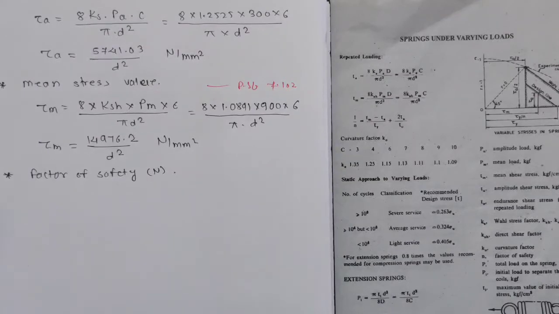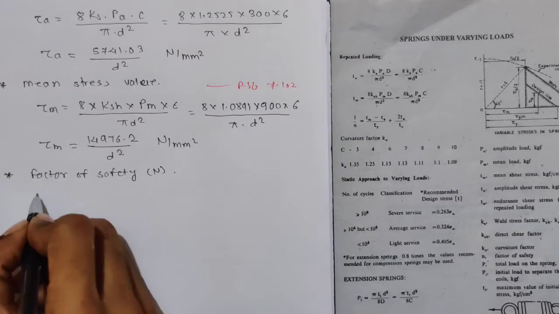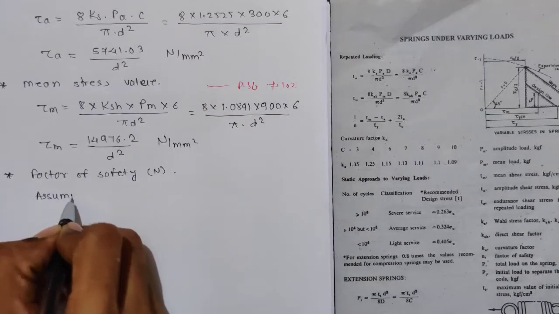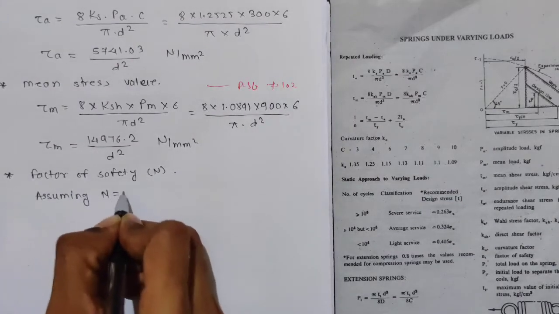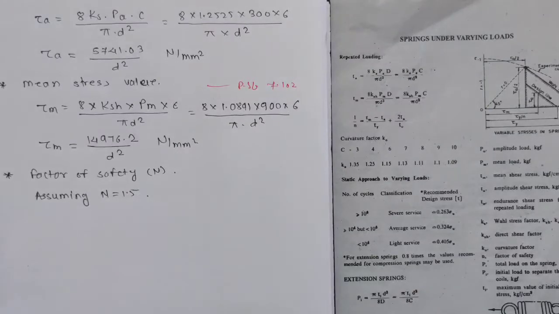So I'm just assuming n is equal to 1.5. You can assume 1.6, 1.7, it depends upon you. But I'm assuming 1.5. Usually in most of the books they assume 1.5.